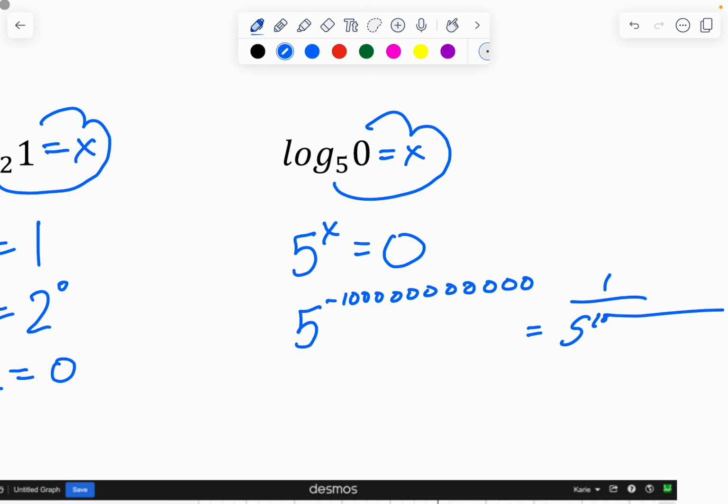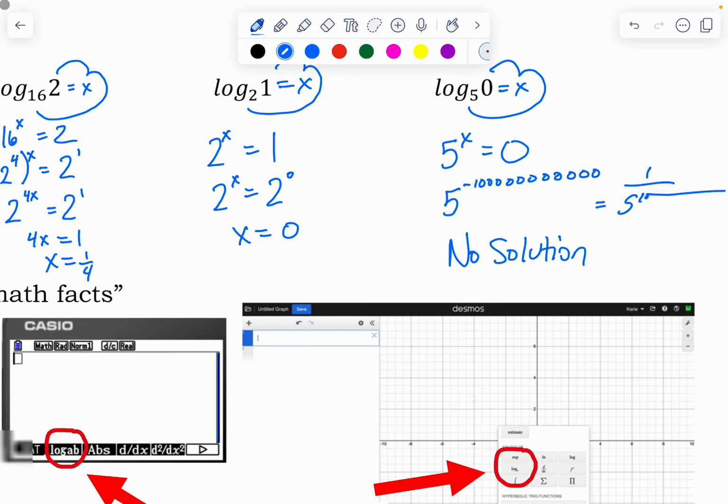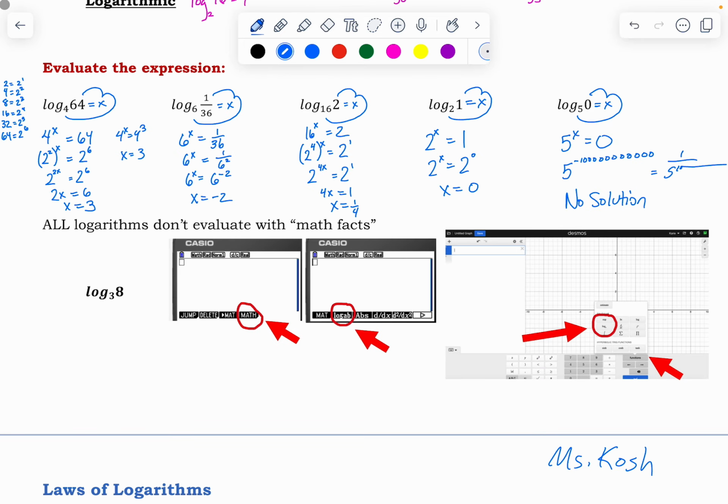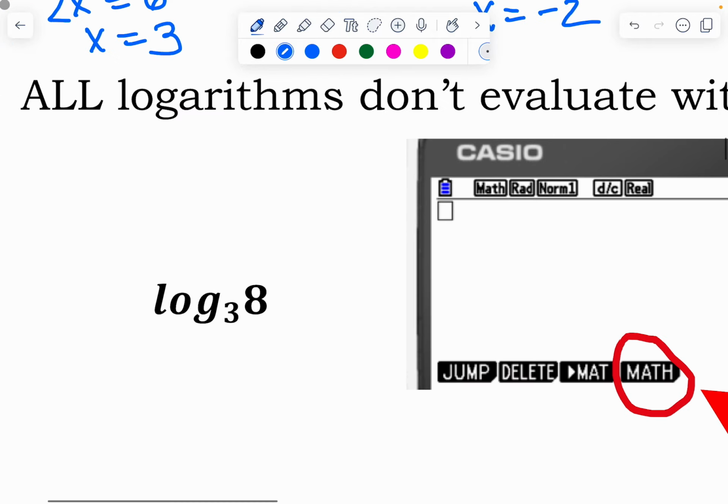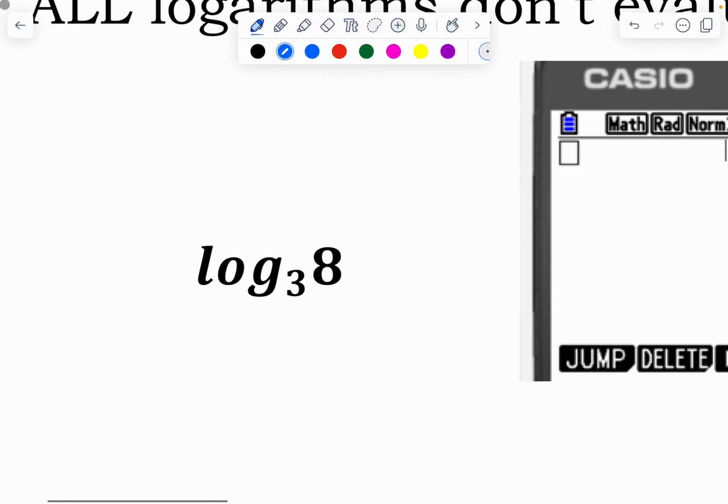It's not 0, but it might as well be. It approaches 0, gets ridiculously small, but it's never 0. So this has no solution. There is no exponent that you can raise 5 to get 0 as an answer.